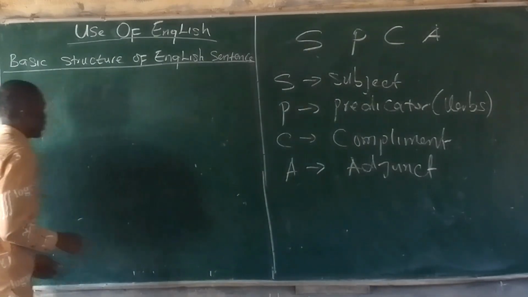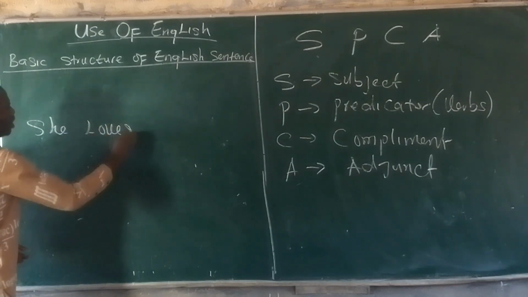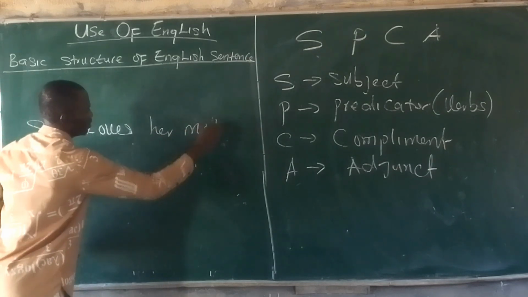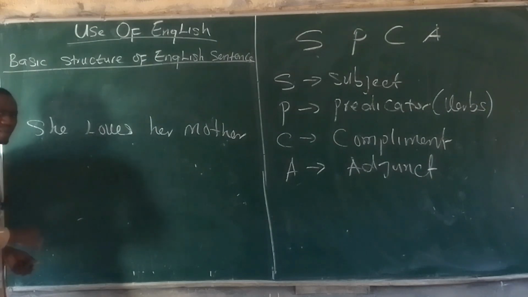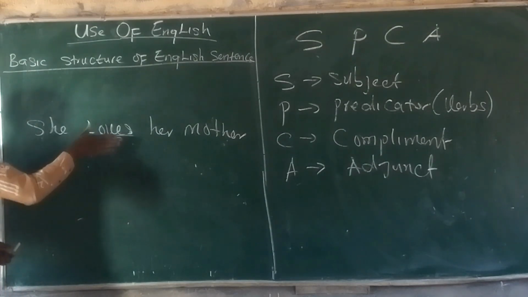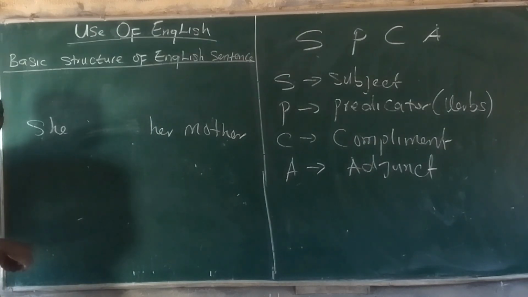Now, let me give you an example. We have in this example, she loves her mother. She loves her mother. The verb in this sentence is love. Now, if you remove love, she, her mother, that doesn't make sense.